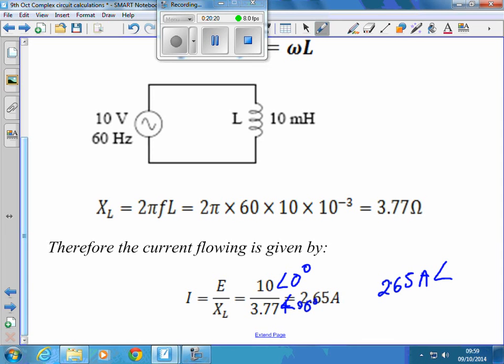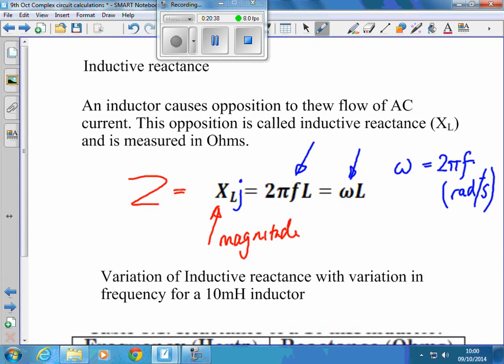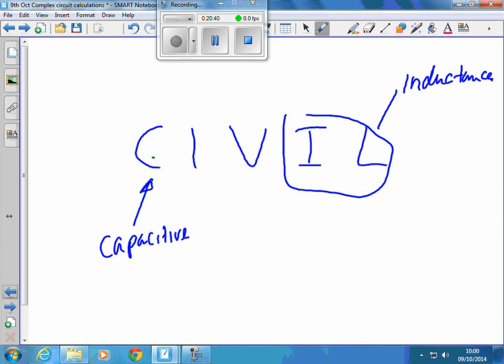We take the bottom one away from the top, so it's minus 90 degrees. So the current in this circuit is lagging the voltage by 90 degrees. Does that fit with CIVIL? Inductive circuit, current lags the voltage. Okay? That's where I said that's a useful check to be able to do.